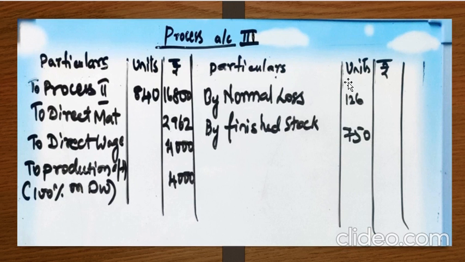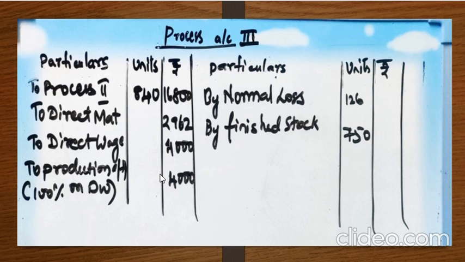If you total up your output, 126 plus 750, you will get 876. But your input is 840. Your output is 876, so your output is more here, isn't it? You have produced more than what you have introduced. So you will get an abnormal gain, because your output is more.